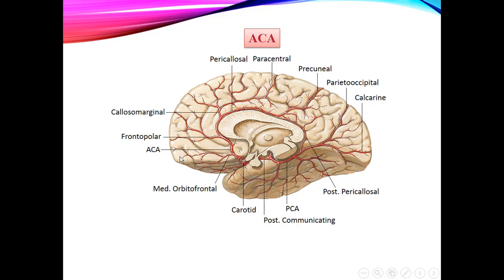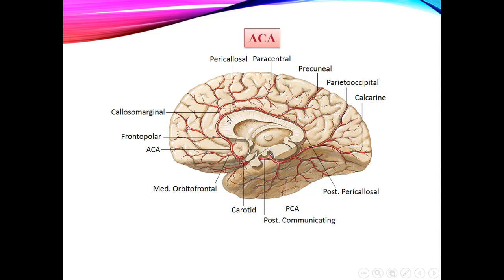And as I said in a previous lesson, damage to this area results in abulia, or changes in personality. So occlusion or obstruction of the ACA may result in abulia.